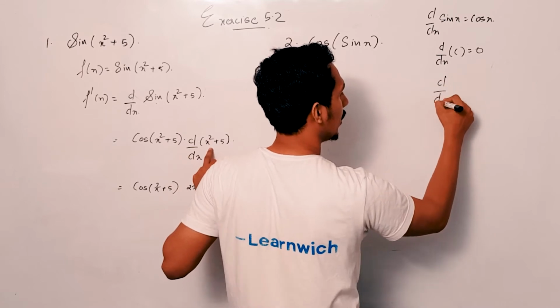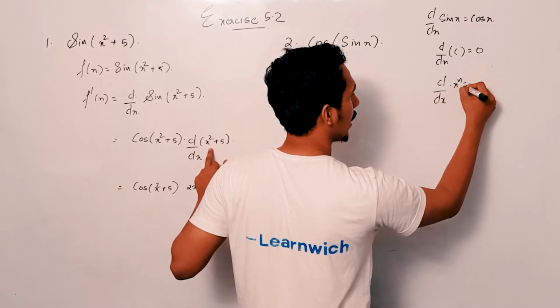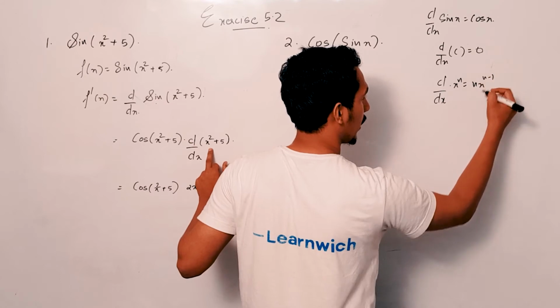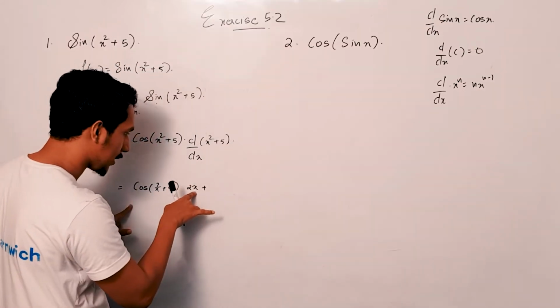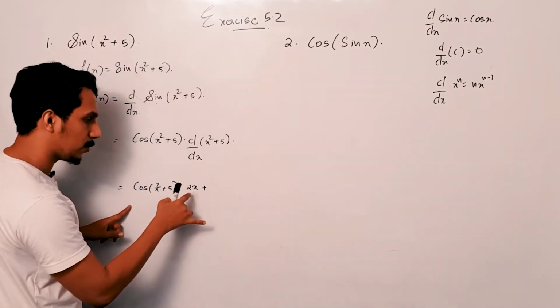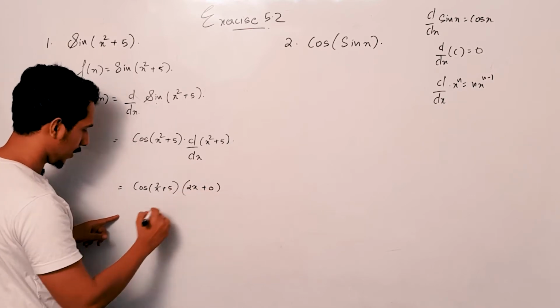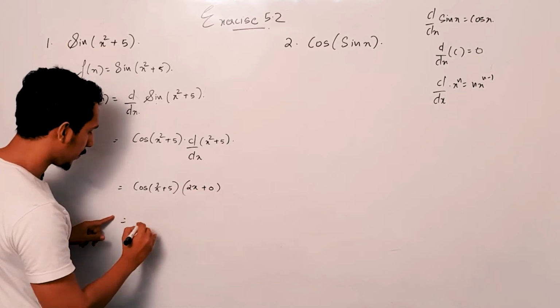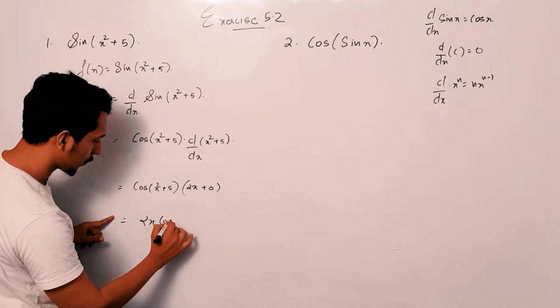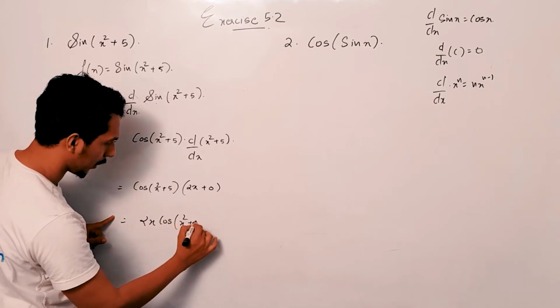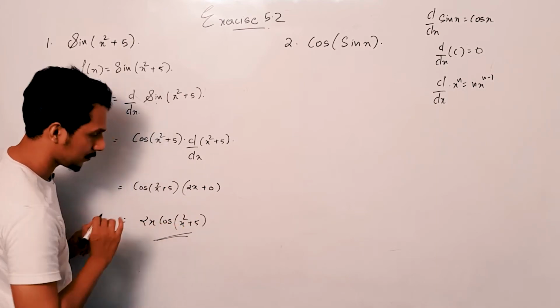How did you get it? d by dx of x raised to n is n into x raised to n minus 1. That is 2 into x raised to 2 minus 1. So that will be 2x plus 0. This is simply 2x. Your answer is 2x cos of x square plus 5.